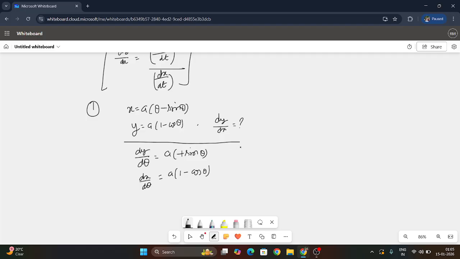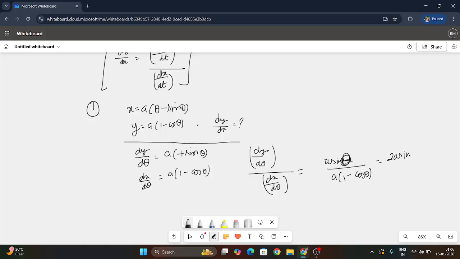So dy by dx is going to be dy by d theta divided by dx by d theta. dy by d theta is a sine theta, divided by a times 1 minus cos theta. If you want, you can apply the half angle formula. Okay, and it is going to be what?